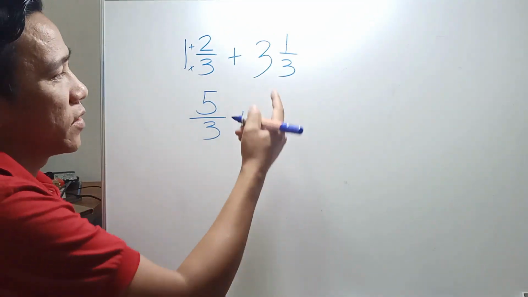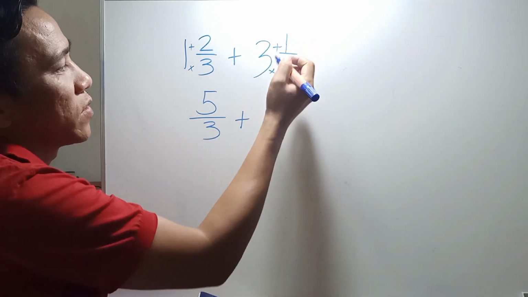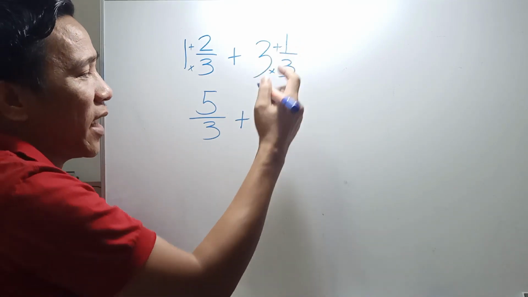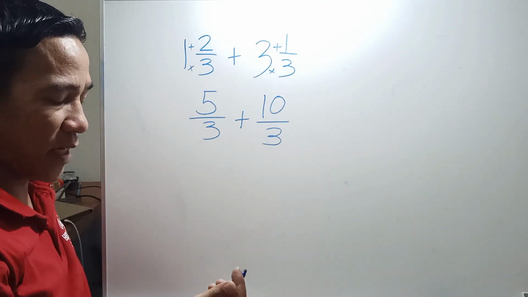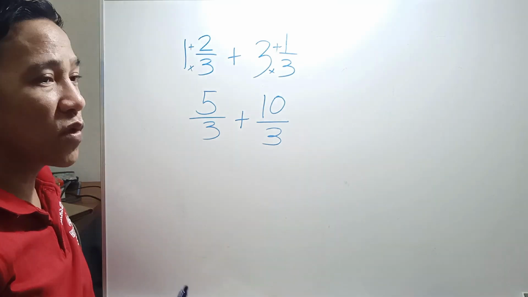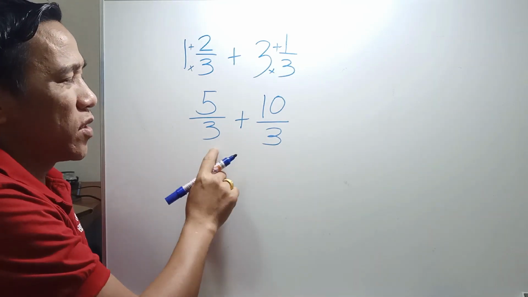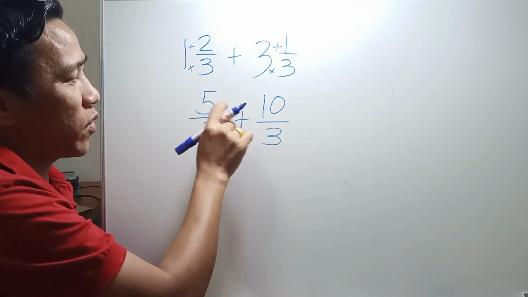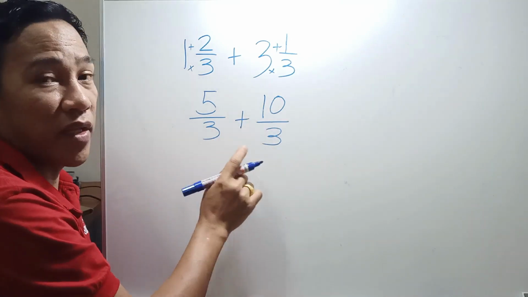Plus, the same process, 3 times 3 plus 1. So 3 times 3 is 9, plus 1 is 10. So 10/3. Let's recap my previous video about adding fractions with the same denominator: we just add the numerators, the numbers on top of the fraction, and then copy the denominator.